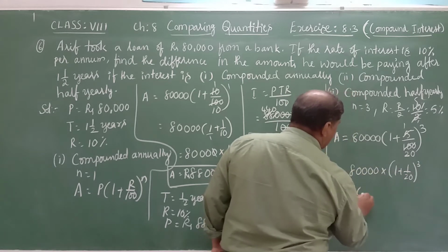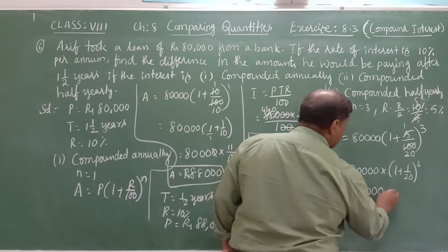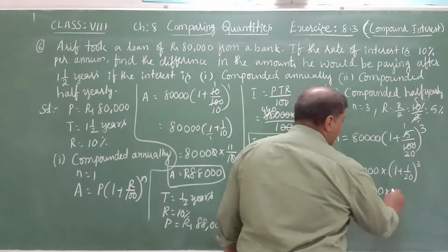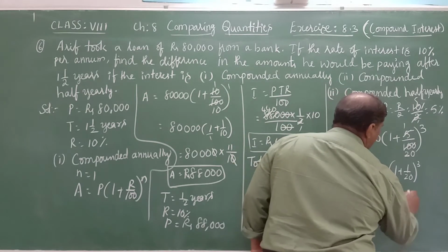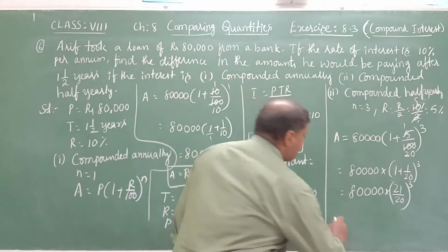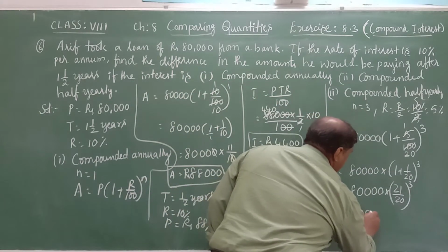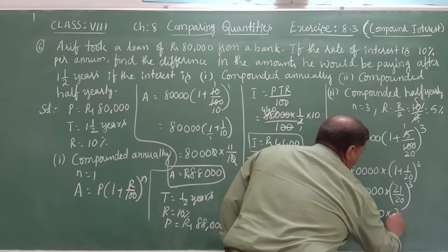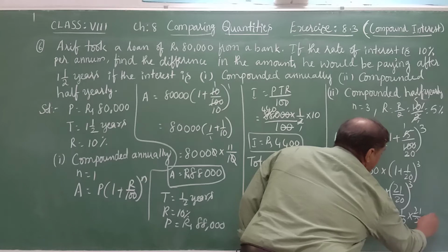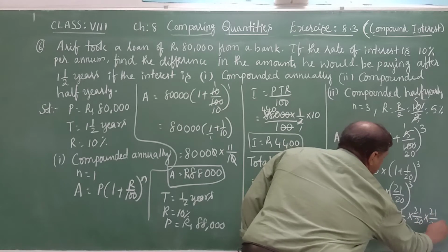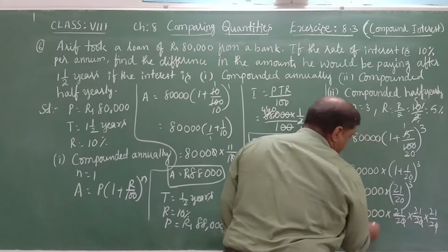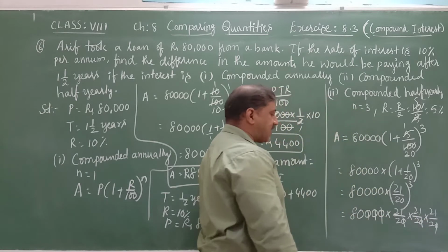That is 80,000 into 1 into 20, it is 20, 20 plus 1, it is 21, 21 by 20 whole cube, that is equals to 80,000 into 21 by 20 into 21 by 20 into 21 by 20. So here you have 3 zeros, 1, 2, 3. So cancel 3 zeros. So now it is 80.